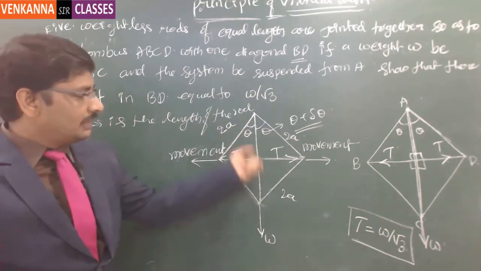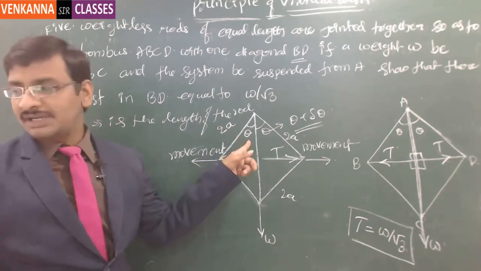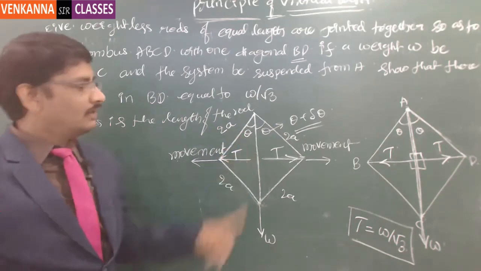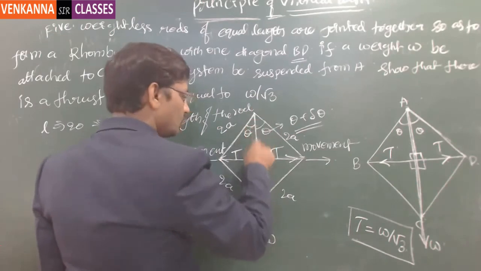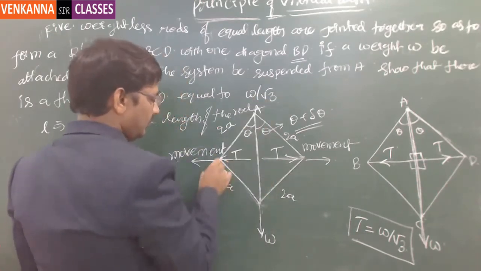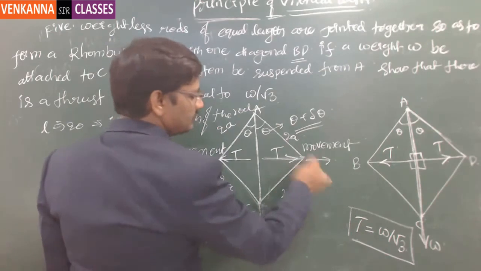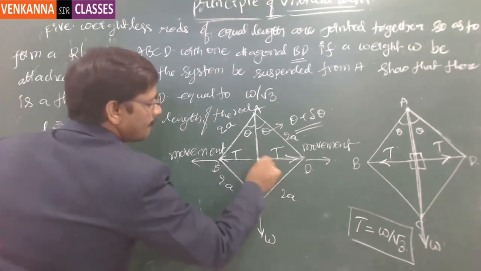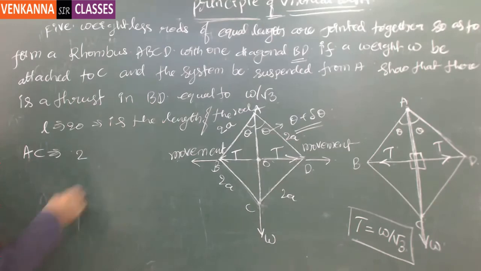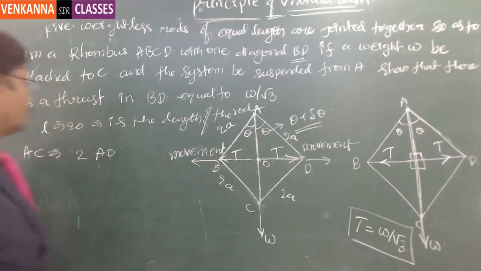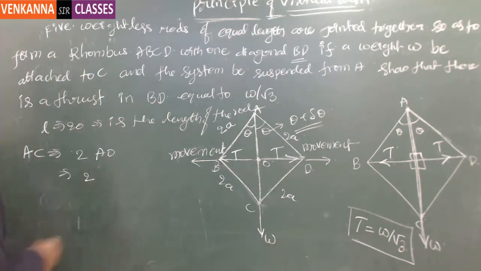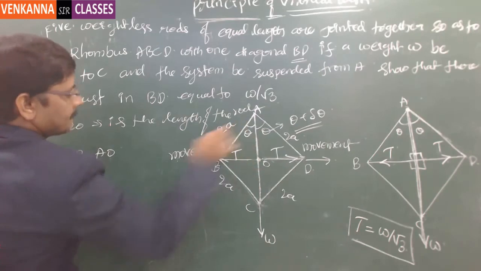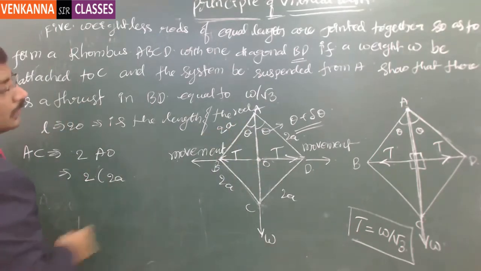So if you push a little upward, then it is making an angle of theta, right? Then this is going to be the total height. This is point A, this is B, this is C, and this is D. I call this point O. AC is equal to 2 times AO, and AO is equal to 2a cos theta.